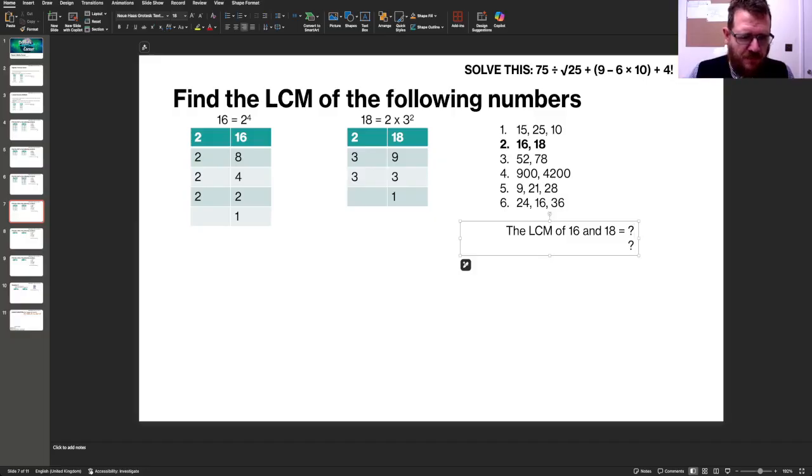So we've got 2 to the power of 4, which is 16 times 3 squared, which is 9. 16 times 9 is 144.